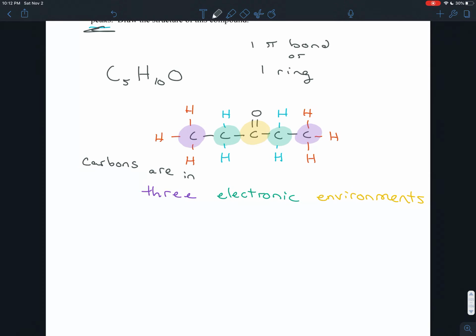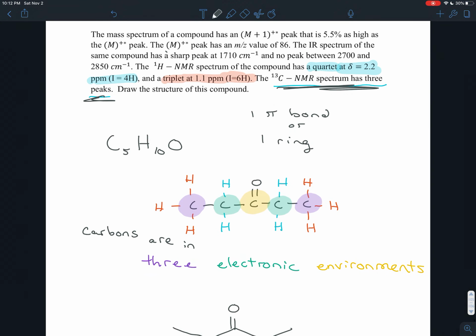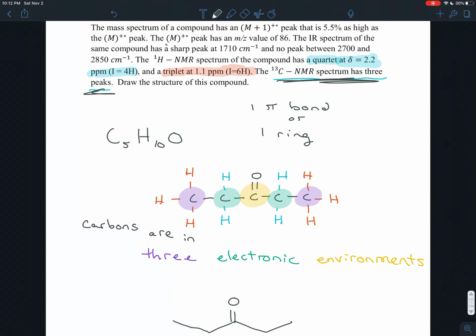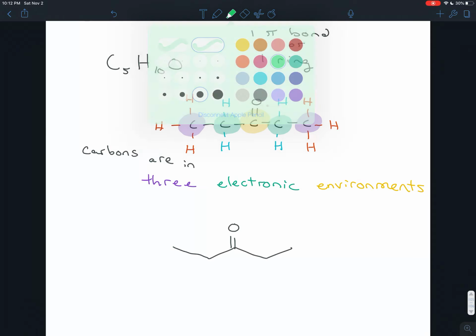And so the structure of this molecule overall will be 3-pentanone, a structure that we used a couple times in our synthesis problems. And so if you wanted to check whether you actually had made that molecule at that step of the synthesis that we talked about, you could have done mass spectrometry combined with IR spectroscopy, proton NMR, and carbon-13 NMR to confirm this beautiful structure.